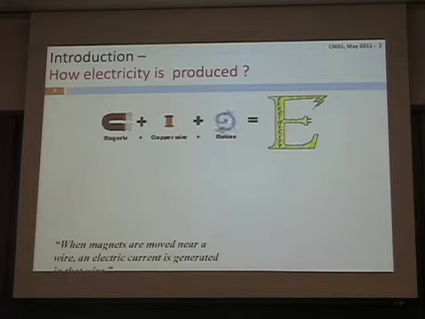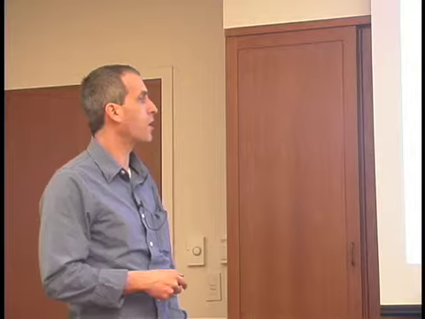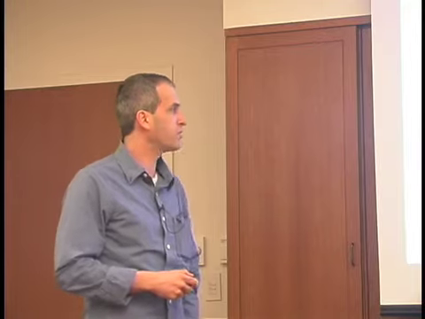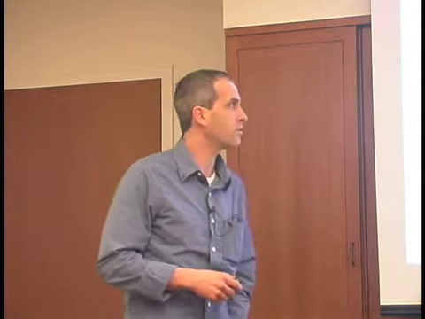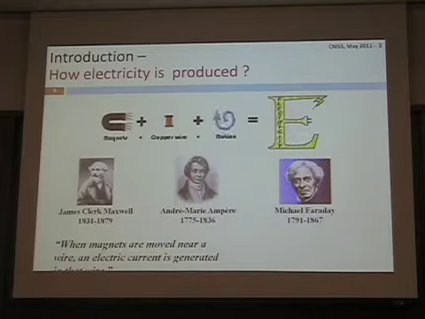Then I will summarize. So, how is electricity produced? This is based on the idea that when magnets are moved near a wire, an electric current is generated in that wire. This is based on the ideas of several ingenious researchers, such as James Maxwell, André Ampère, and Michael Faraday.